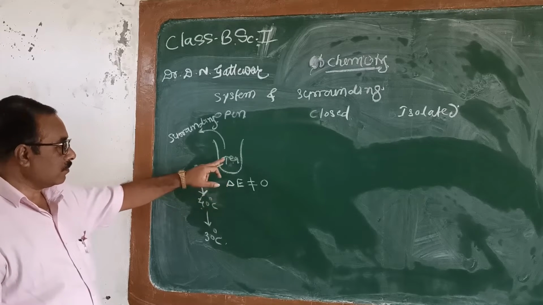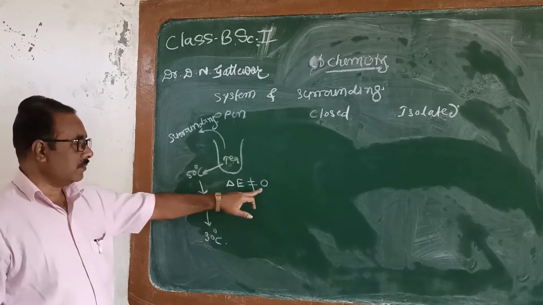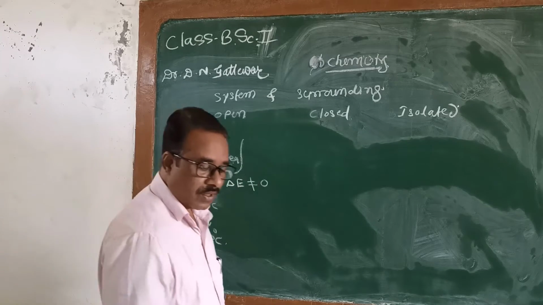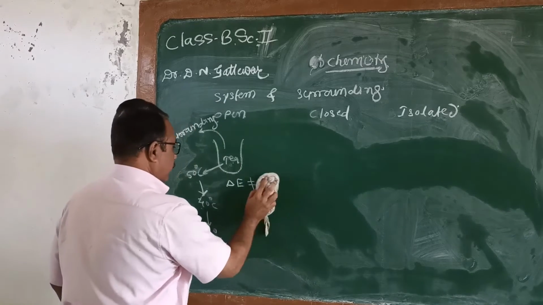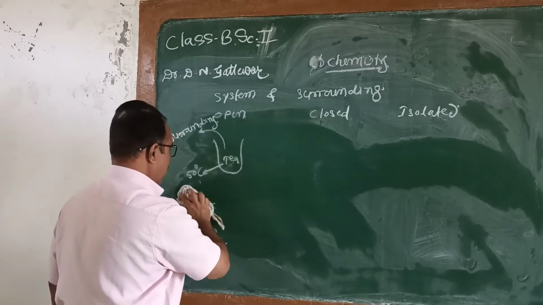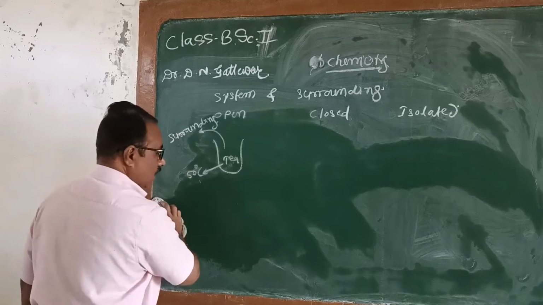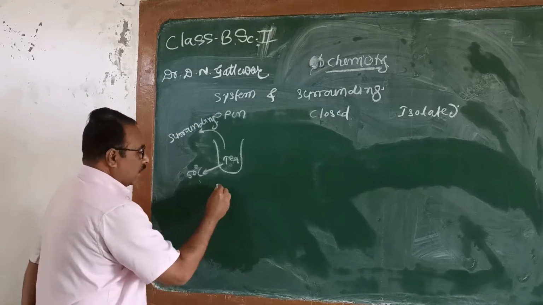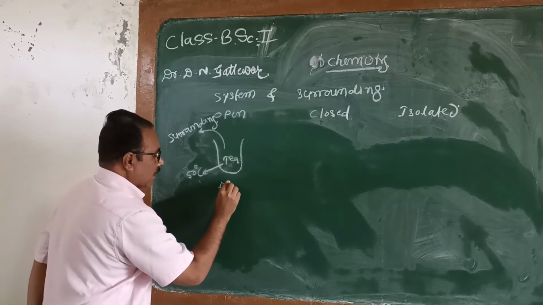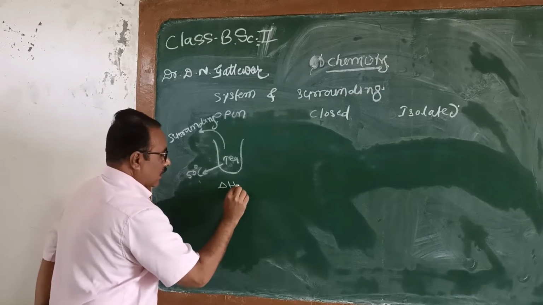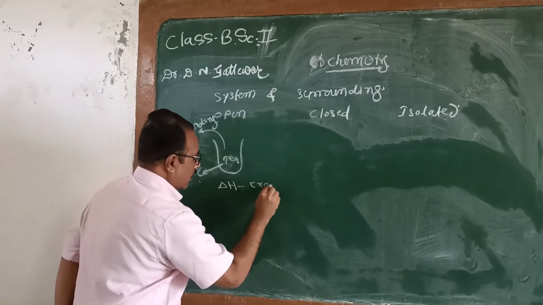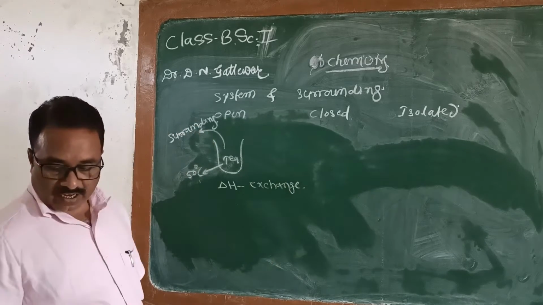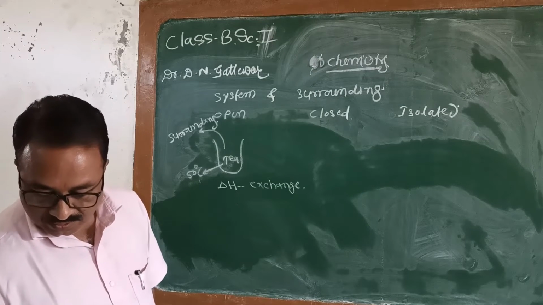Therefore, the change in energy is found to be not equal to zero. Now, what is our aim to consider? That the heat energy can be exchanged with the surrounding.